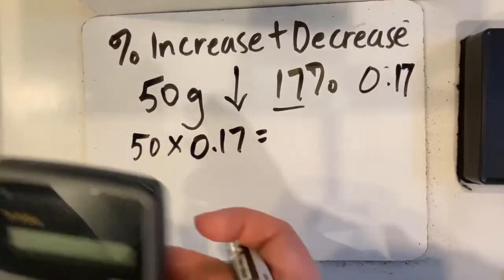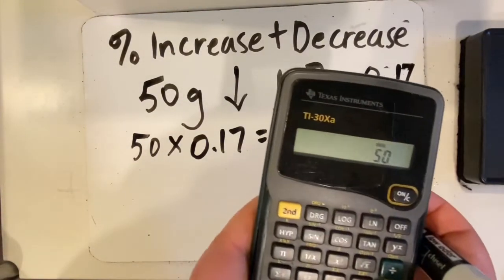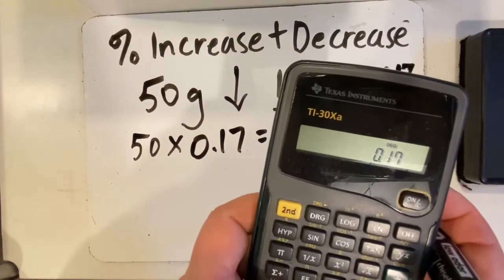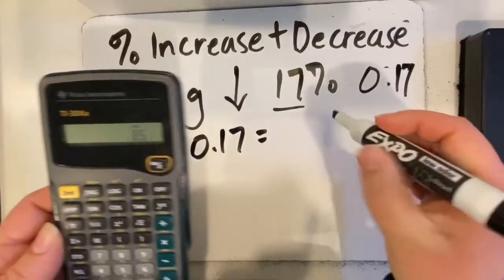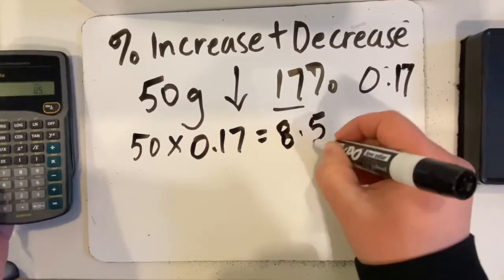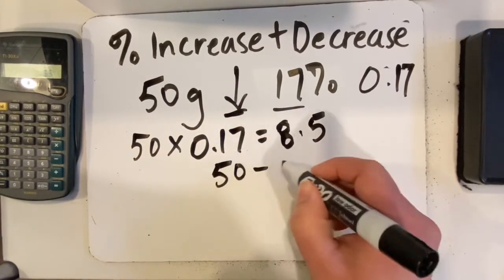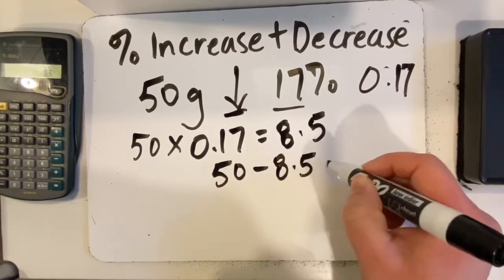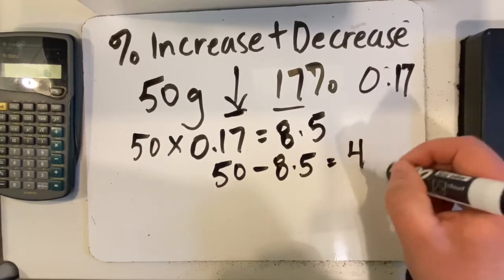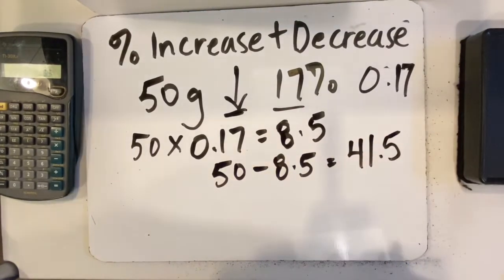I find out what that number is: 50 times 0.17 is 8.5. Then, because this is a decrease, I subtract it from the original price. So then I would have 41 and a half.